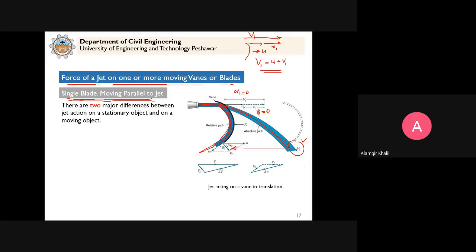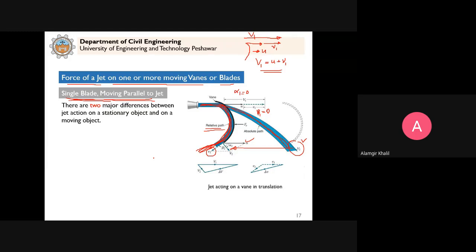As the water flows over the vane, this is the relative path which it follows over the vane, shown by the relative velocity v2. It makes this angle beta 2 with the direction of u. This is how we can make the inlet velocity diagram and the exit velocity diagram, and then we can calculate the forces.